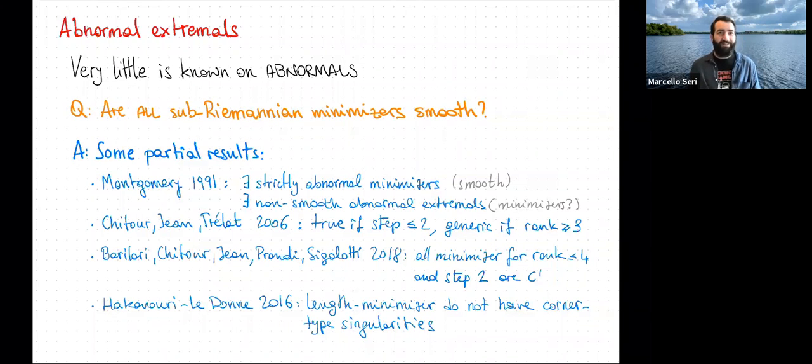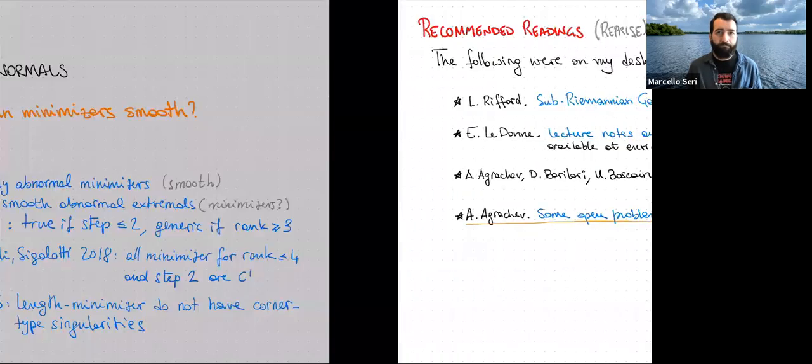So it's not known if all the minimizers, normal and abnormal, are actually smooth. There is lots of work going on here. Very little has been done. And those works are from very different perspectives. Some are very geometric, some are very measure theoretic, some are very control theory oriented. So there is lots of ground for exploration and very little known still.